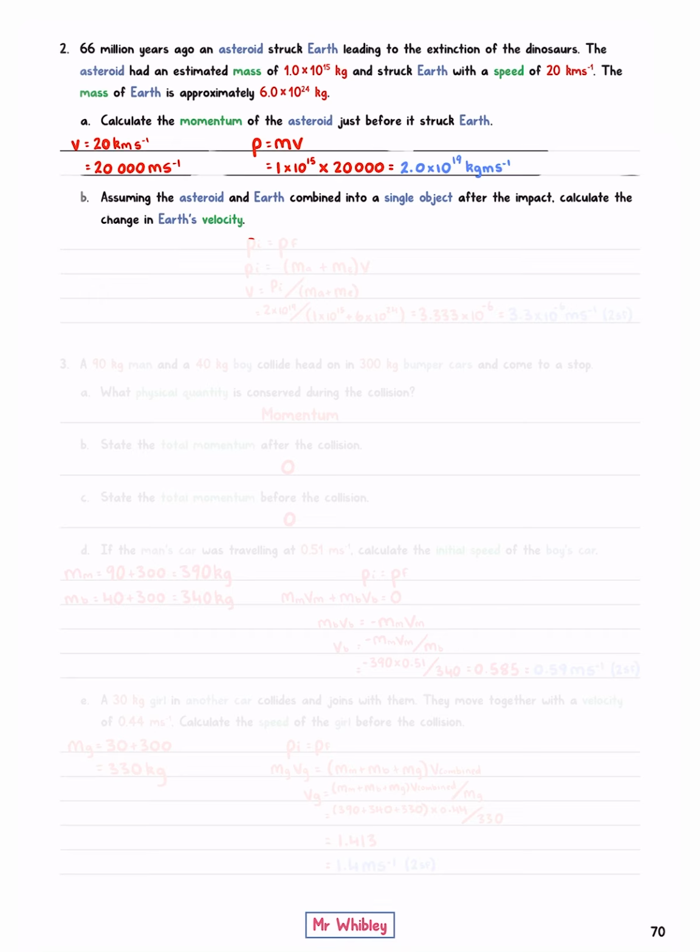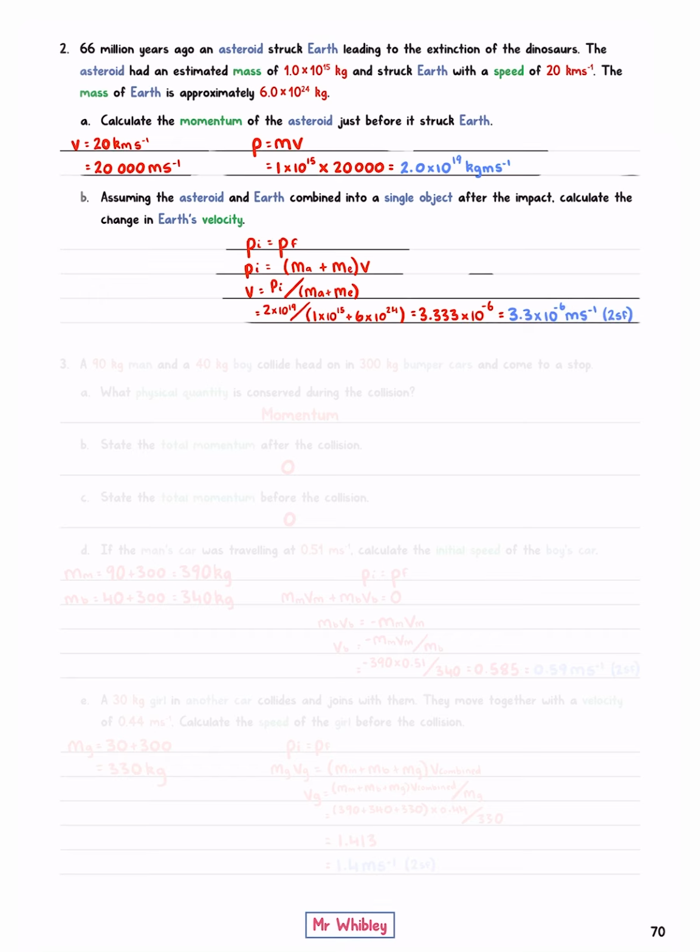Assuming conservation of momentum, our initial momentum must equal our final, which, since the asteroid and the Earth combine into a single object, is going to be their combined masses multiplied by their combined velocity. Solving this for our combined velocity by dividing both sides by ma plus me, putting our numbers in, gives me 3.333 times 10 to the minus 6, or 3.3 times 10 to the minus 6 meters per second to two significant figures.